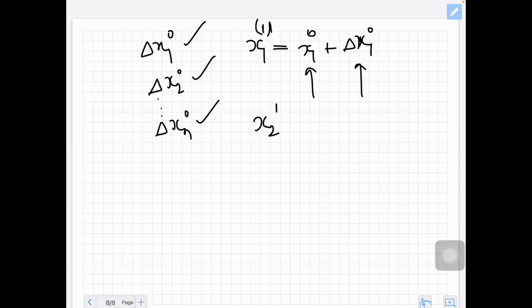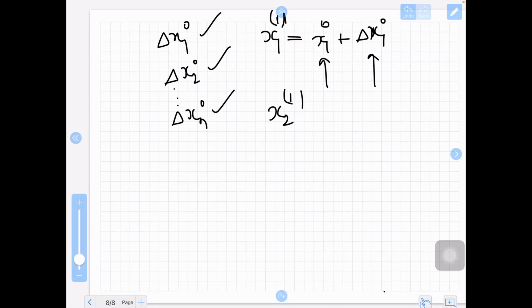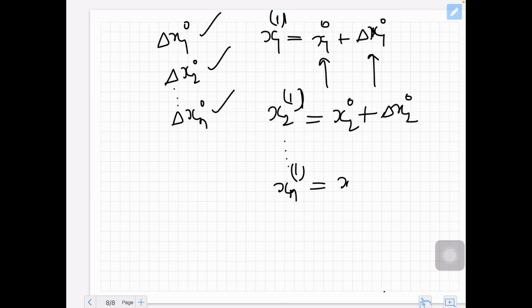Similarly, x2 of 1 you can find. x2 of 1 is equal to initial solution we know and corrections we know. So by adding these two you can find. Similarly, xn of 1 is equal to xn of 0 plus delta xn of 0. So we can find the corrections required, and from that first iterative values you can find.